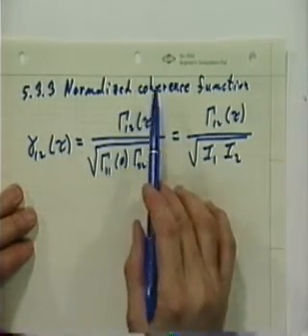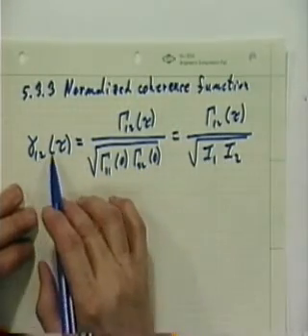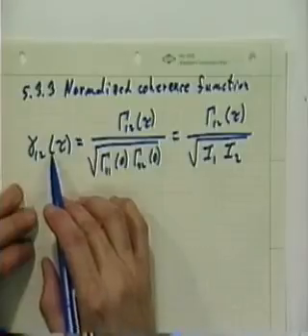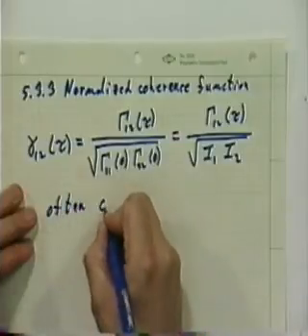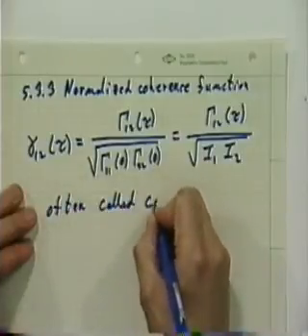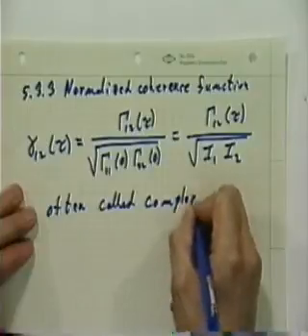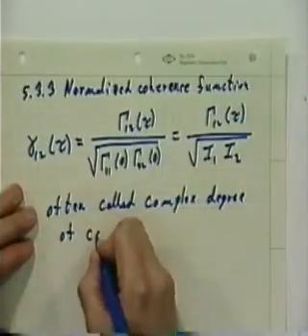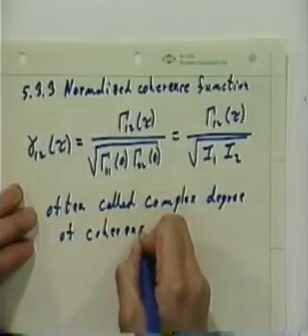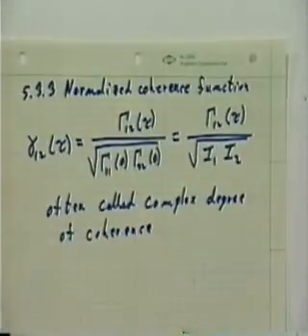So this is a normalized coherence function, gamma 1/2 of tau, and sometimes we call this the complex degree of coherence. And in a little while, it'll become obvious to you why that's true.